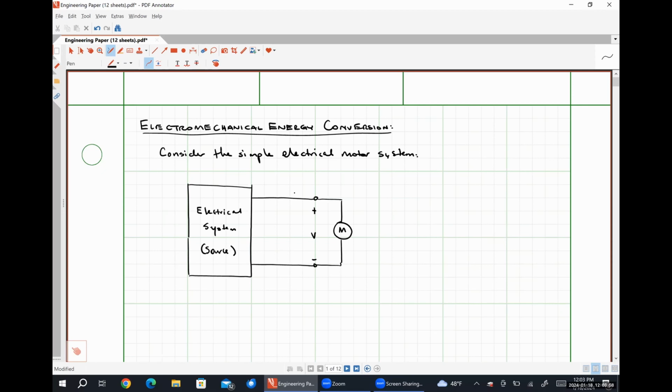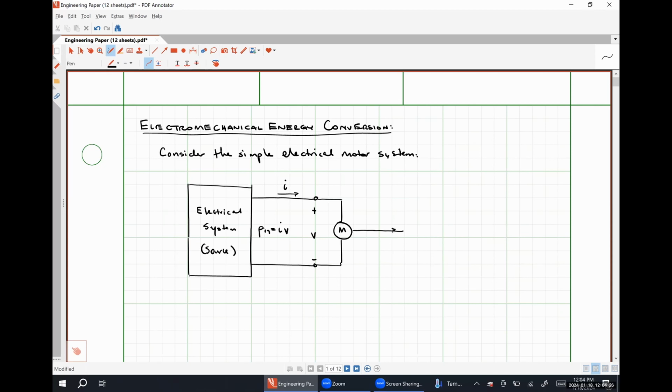And then there will also be some current i flowing into the motor such that our input power, P_in, is simply the product of i and v. Now our motor will have some sort of shaft, which I am going to represent by this straight line here.